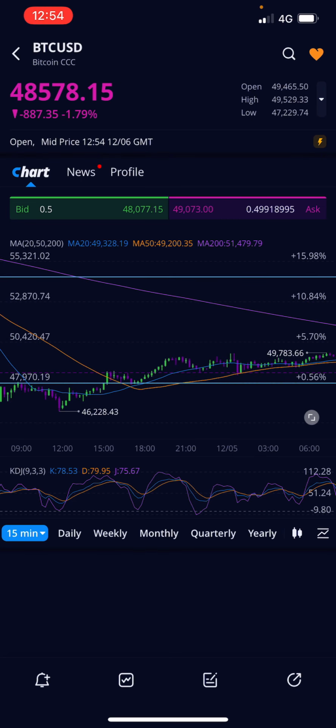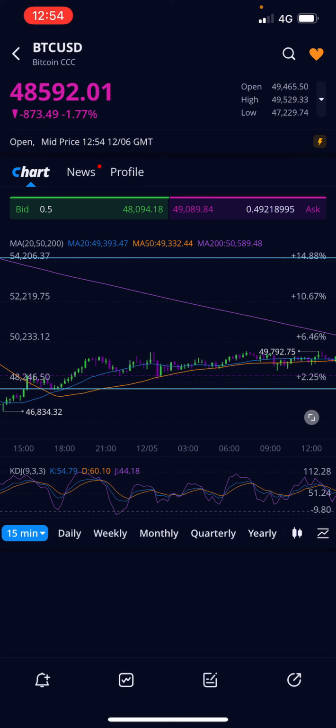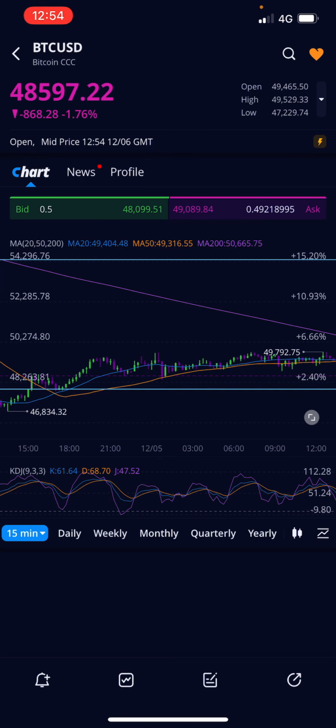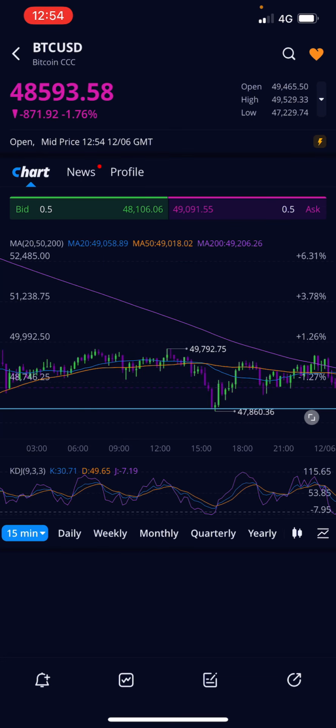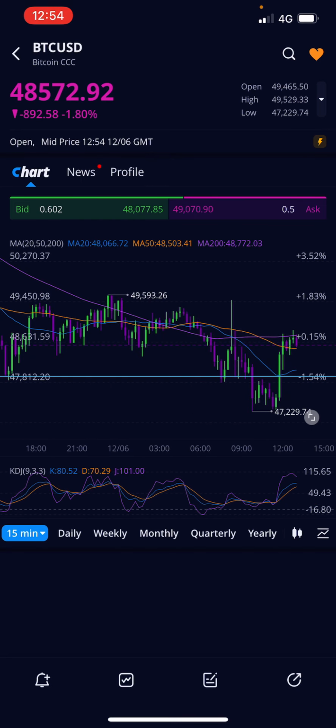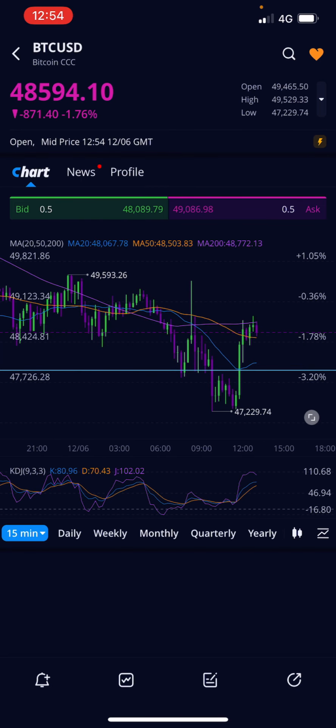Once it started trading above it, this then became your support point. And as you can see, when it touches the line, when it's your support, it quickly goes away from it. Again, over here at 47,000, it quickly went away. And today as well, it meandered a bit below the line, but then went straight back up.